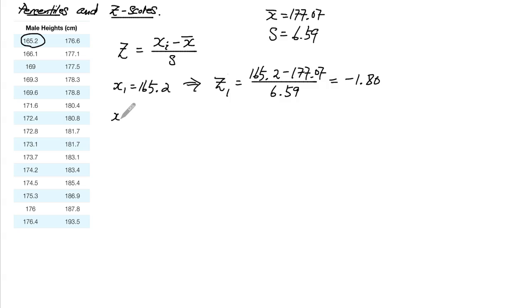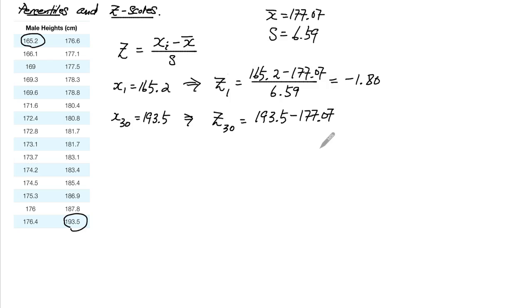Let's compute it for the tallest guy in our sample. Let's call him x30, and he's 193.5, and his z-score, z30, consists of how much he deviates from the mean in the numerator. So again, the numerator is 193.5 minus the mean of 177.07.